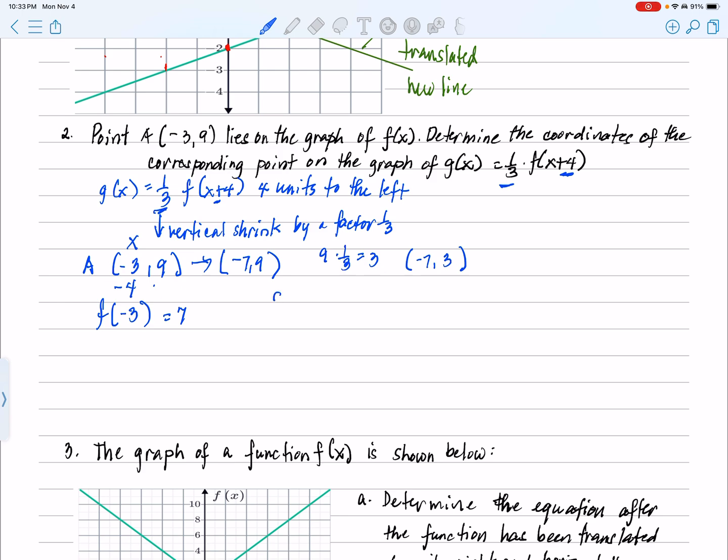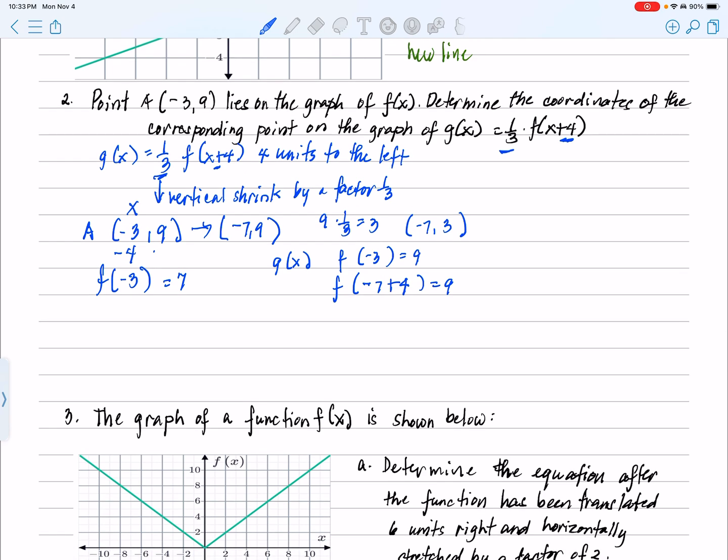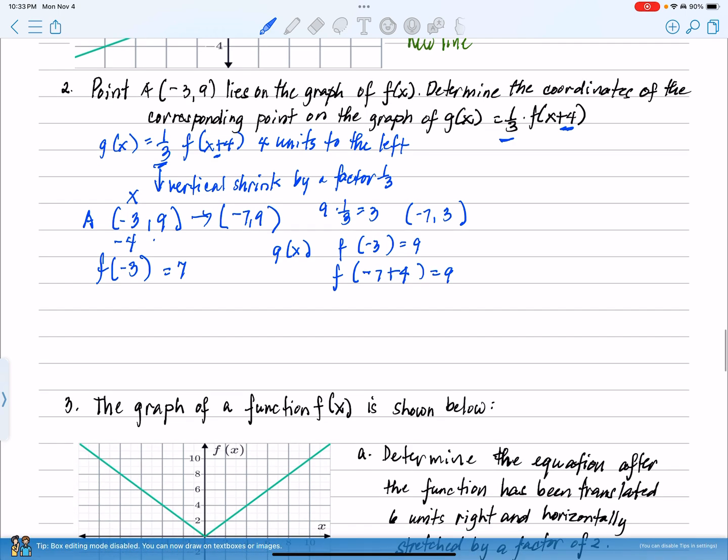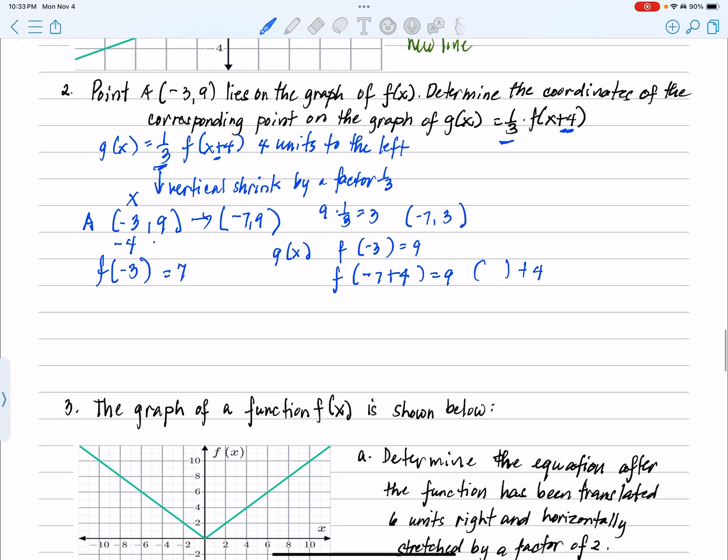So f of -3 equals 9. We rewrite the -3 as -7 plus 4, because it shifts 4 to the left. This plus 4 right here.